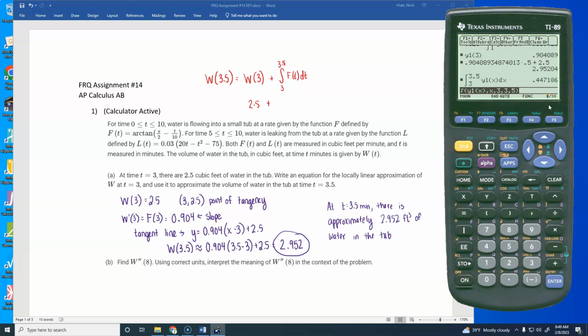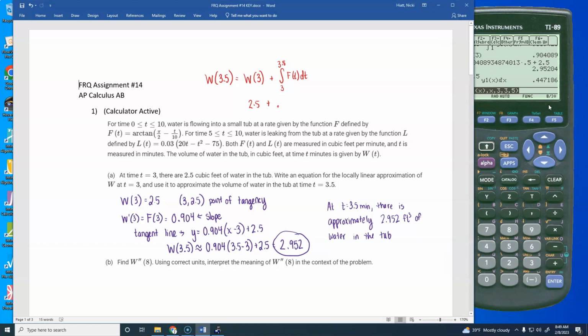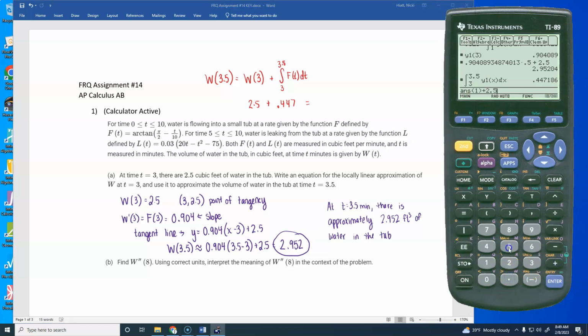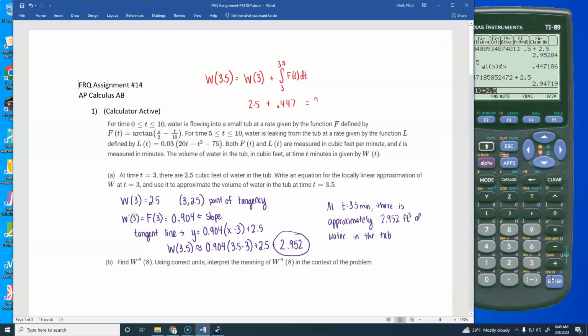I get 0.447. So if I add that to 2.5, I get 2.947. That would be a more precise value, the actual amount.